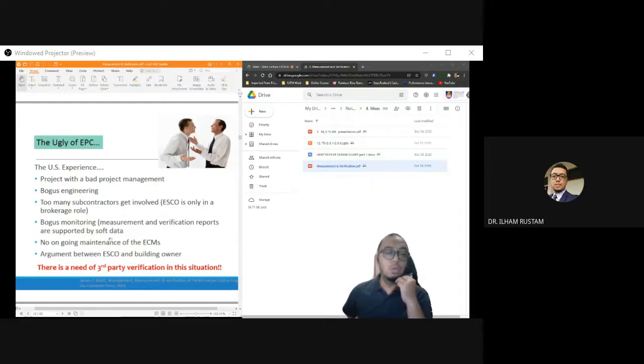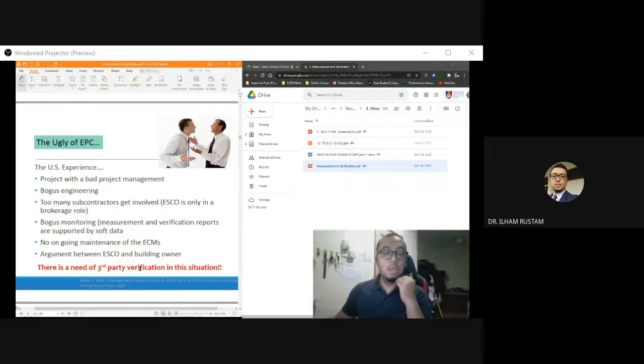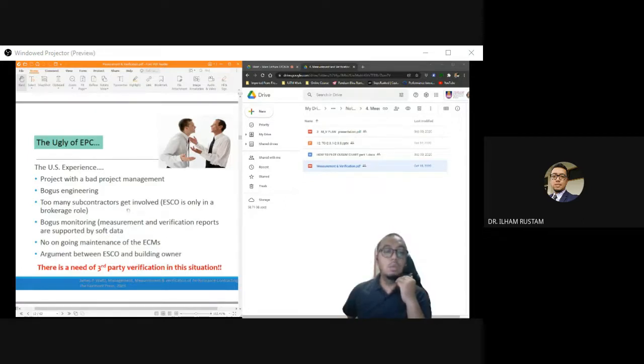So in order to handle this, it is advisable for us to engage a third-party verification. This third-party verification is the energy manager role. That means if the building owner has their own energy manager, they can appoint internally. But if not, it is best that for MNV you engage professionals.